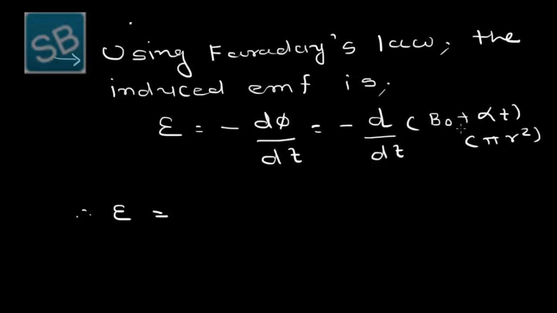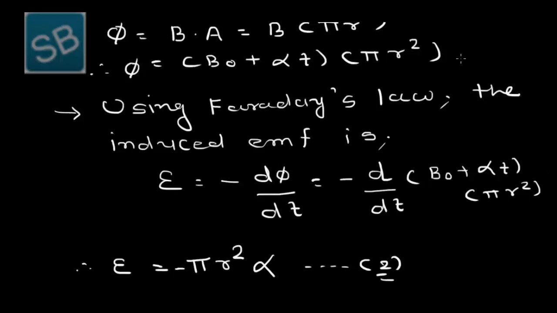See, this B0 is constant, so its derivative is 0 with respect to time. Here t is coming, so pi r square will be as it is, and the derivative of alpha t with respect to time is alpha, and the negative sign you don't forget, it is as it is. So this is my equation number 2, and the above flux was my first equation.